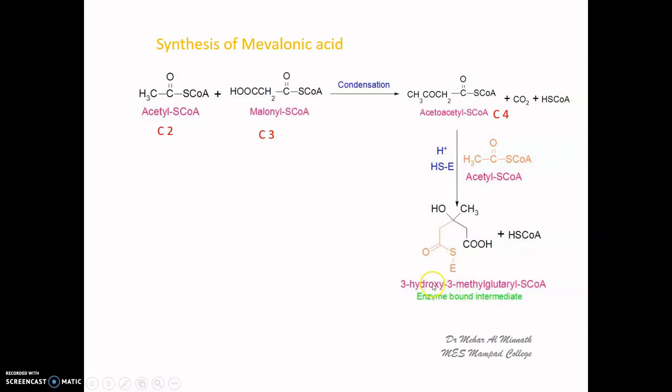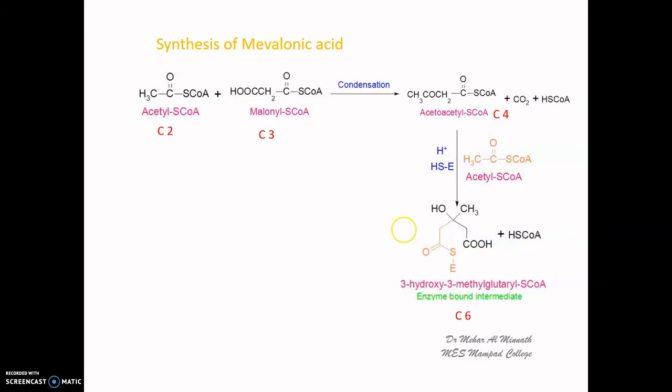3-hydroxy-3-methyl-glutaryl-CoA. Now, this 3-hydroxy-3-methyl-glutaryl-CoA is an enzyme-bound intermediate. You can see here the enzyme E written here. Now, this compound is a 6-carbon compound, because 4-carbon acetoacetyl-CoA and 2-carbon acetyl-CoA combine together and form 6-carbon 3-hydroxy-3-methyl-glutaryl-CoA.